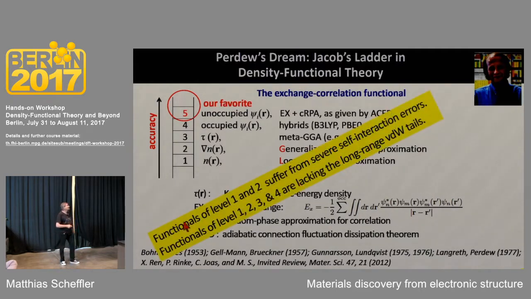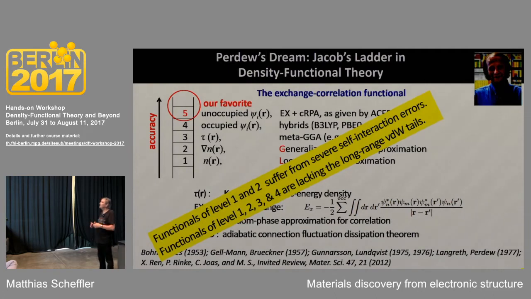So the functionals of level 1 and 2, which are LDA and GGA, are still the most popular ones. I would say probably 90% of all the calculations are done with the GGA type. They suffer from what is called the self-interaction error. You have seen that the total energy has the Hartree term, and then the exchange correlation term comes in.